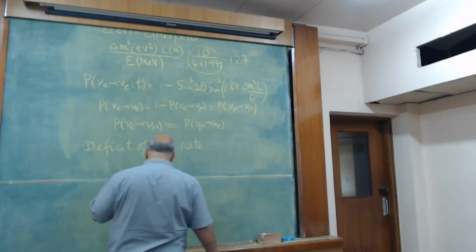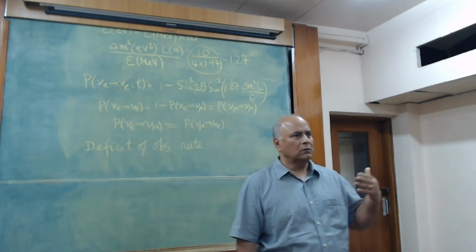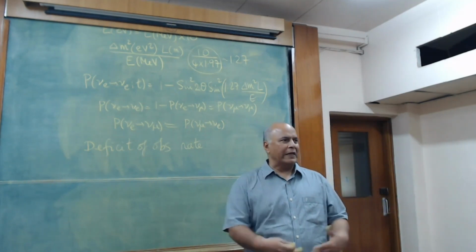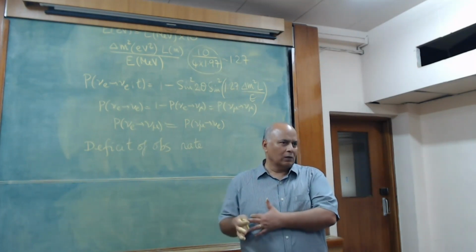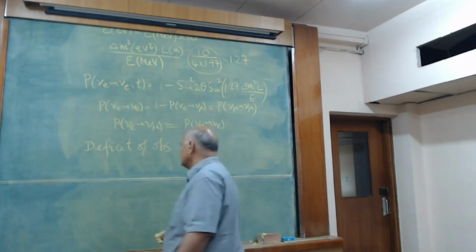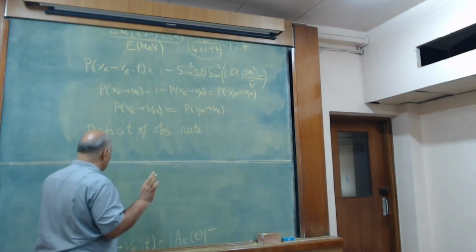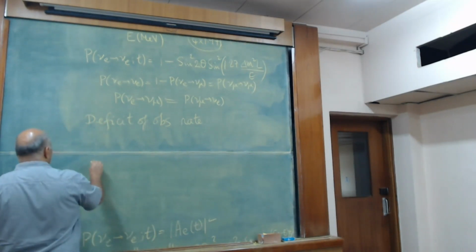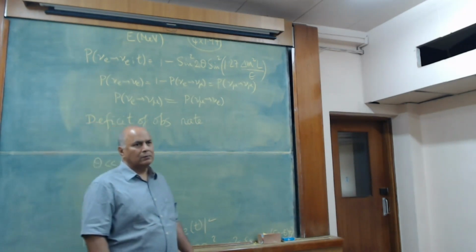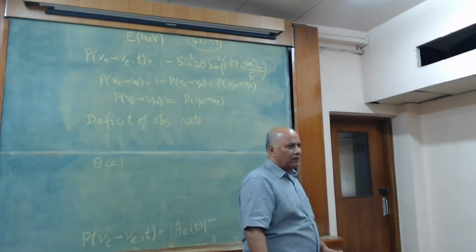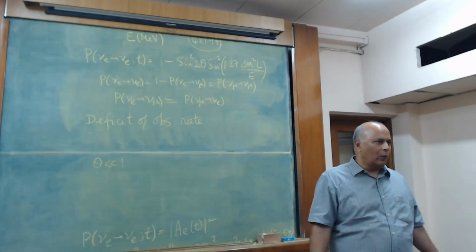Now, under what conditions can I measure the survival probability and establish that the survival probability is less than 1? Suppose theta is very, very small, then obviously it's very difficult to measure that the survival probability is less than 1.